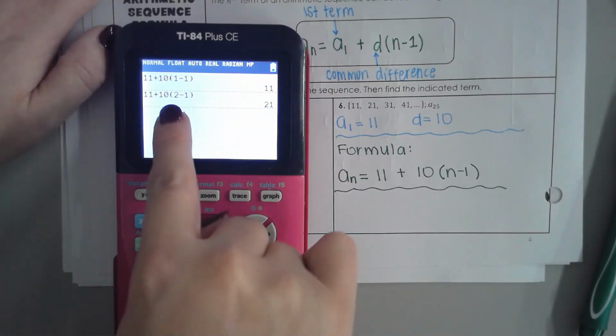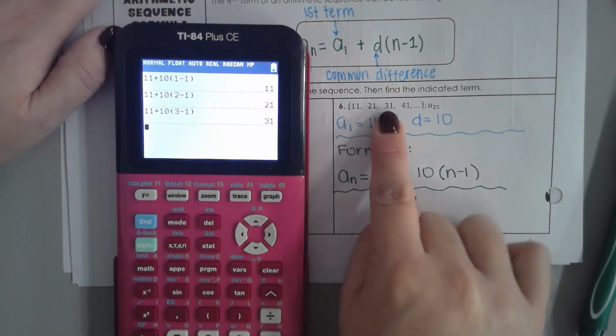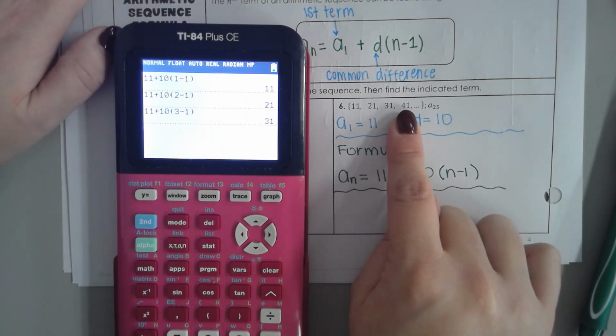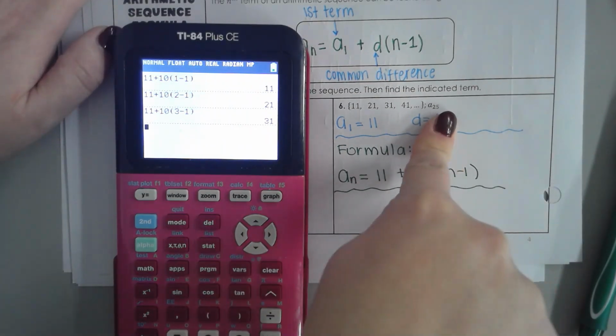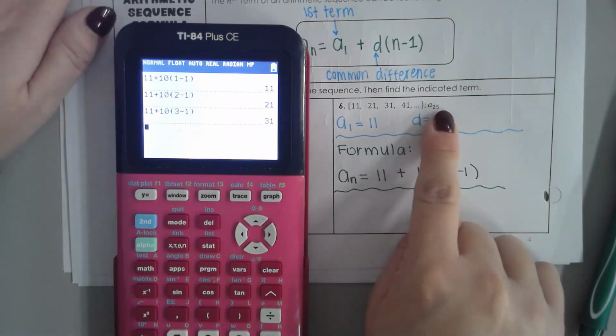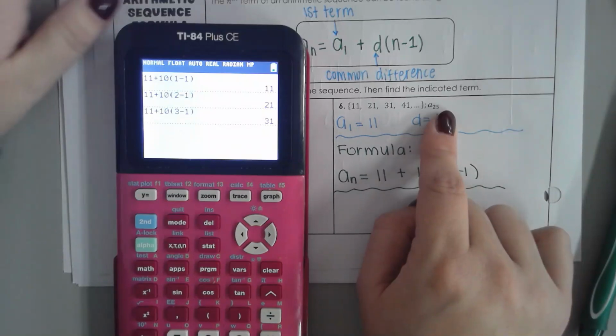If I plug in a 3, I should get 31. And I do. And a 4 would give me 41. So we're going to plug in a 25 because I want to know the 25th number in this list.